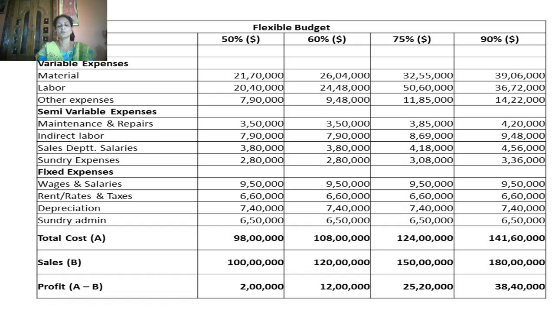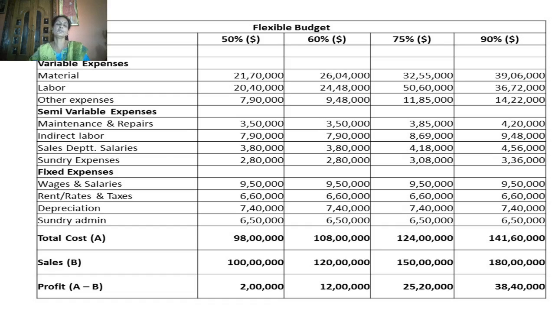The differential amount, that is 25 lakh 20,000, is the profit. When it comes to 90% capacity, sales is 1 crore 80 lakhs, cost is 1 crore 41 lakh 60,000. The differential amount will be taken as profit, that is 38 lakh 40,000.